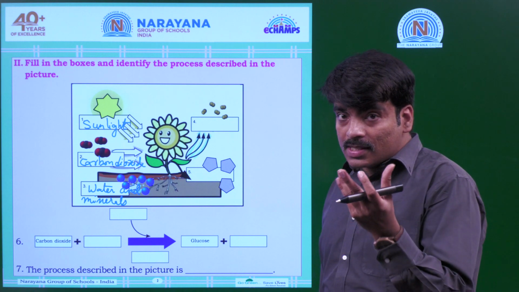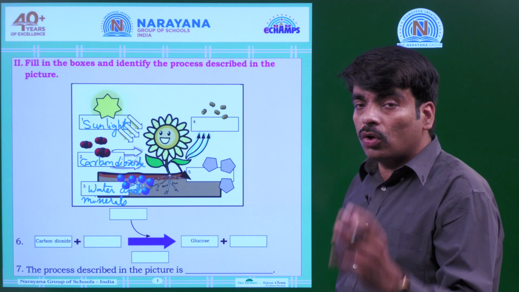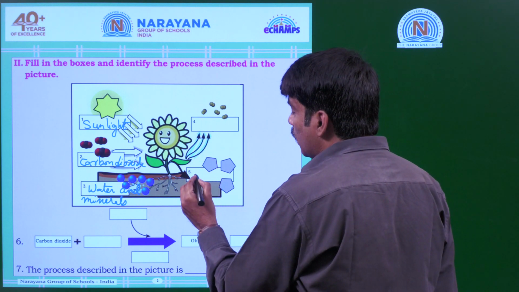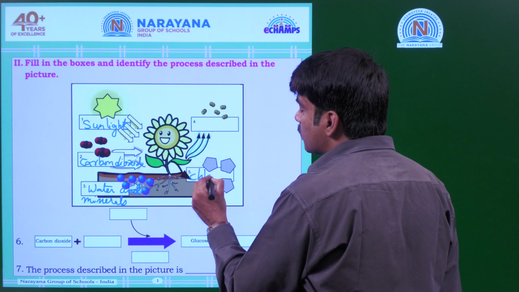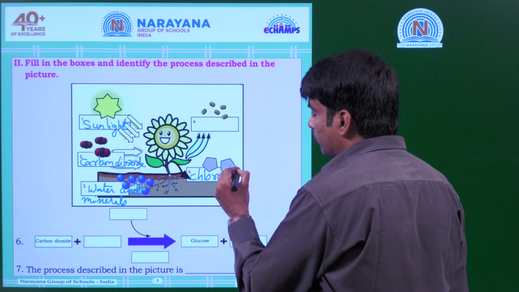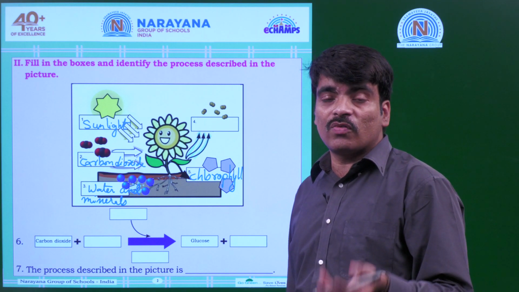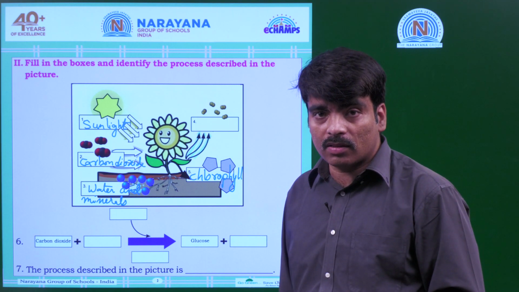Okay. What converts all these things into food? It is the chlorophyll, which is present in the leaf, and it gives out a gas. A gas is released which we are breathing. Do you know the gas which we breathe?